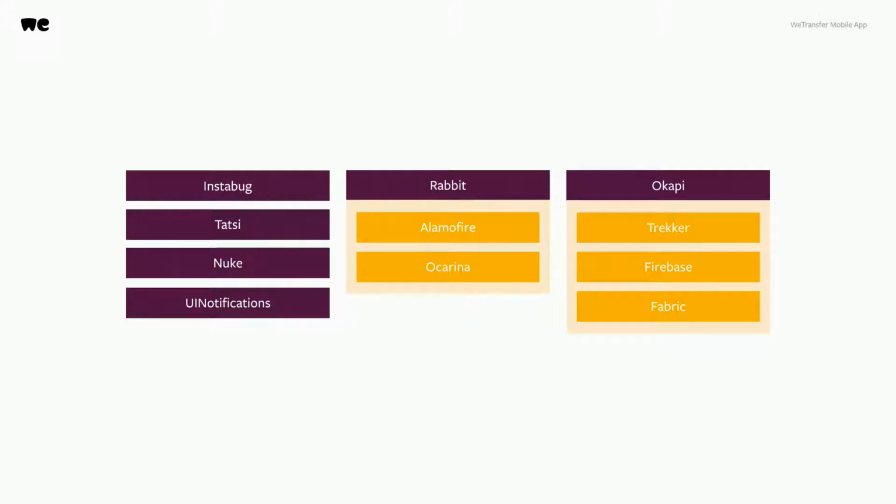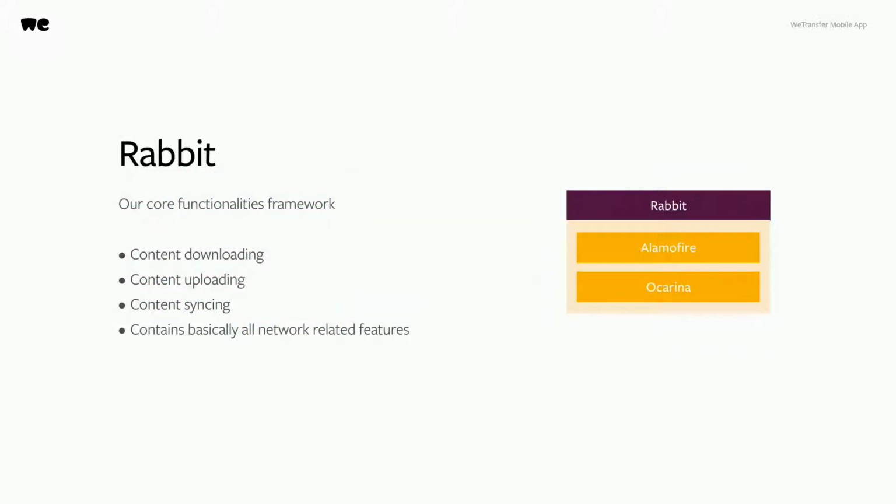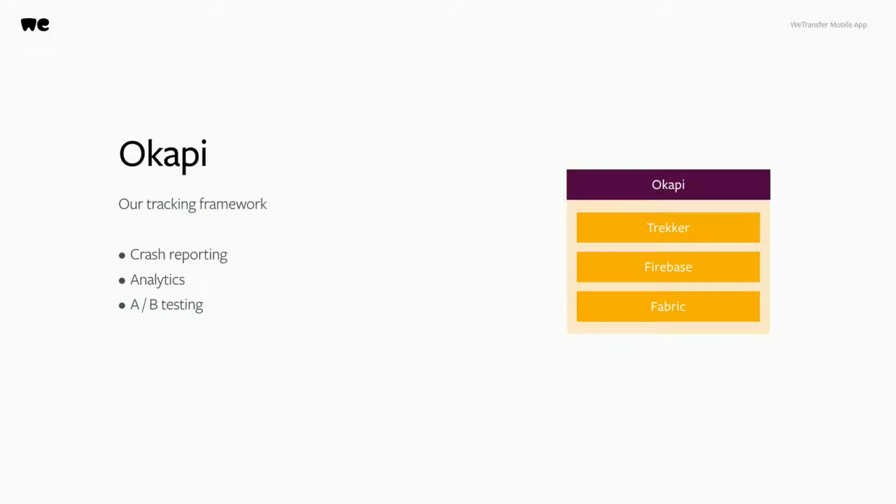And we've got Okapi, which is our tracking framework, where we use Firebase and Fabric to collect all the data we need. Rabbit we use for content adding, content syncing with the backend, content uploading, all those tasks. And Okapi is all things related to tracking, but also to A/B testing, where we use Firebase remote config to easily generate A/B tests.